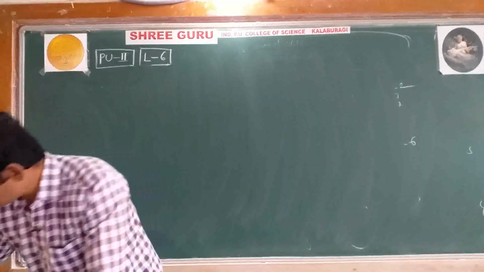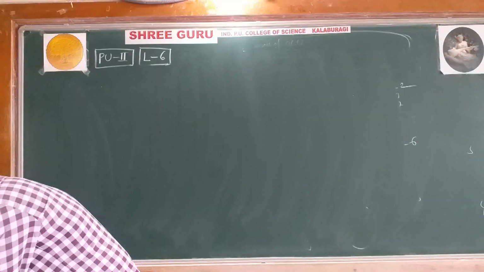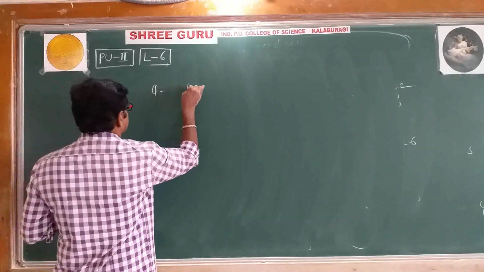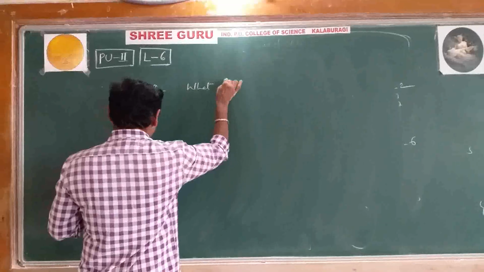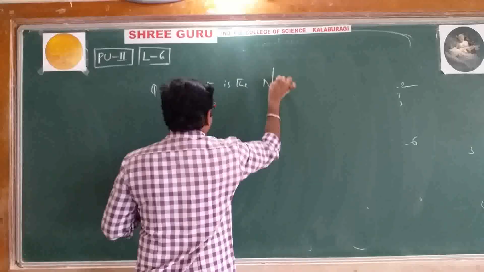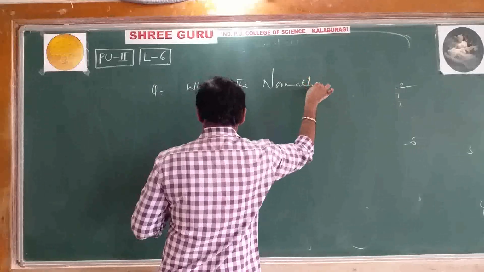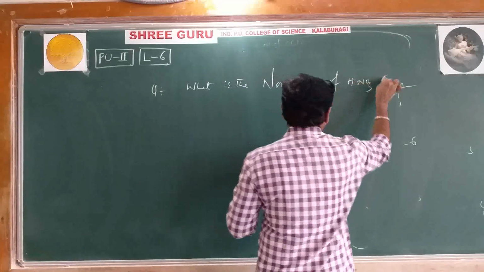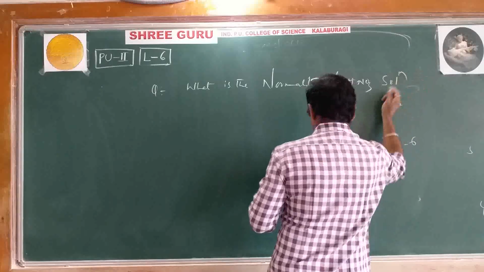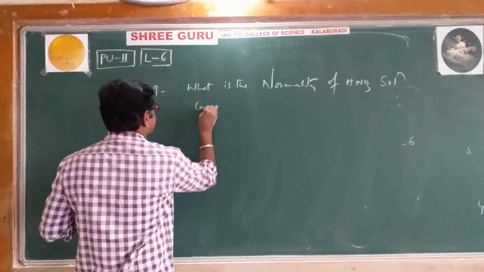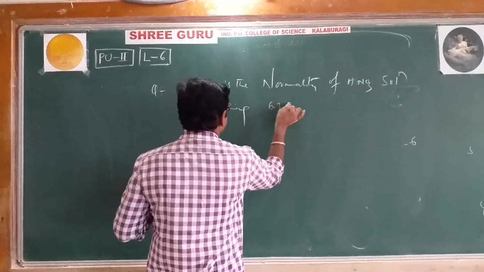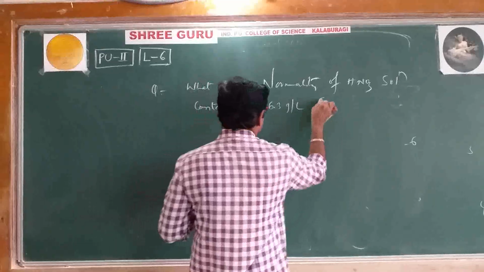One simple question we'll solve first up. What is the normality of HNO3 solution containing 6.3 grams per liter solution?